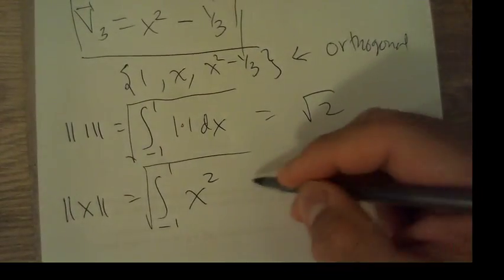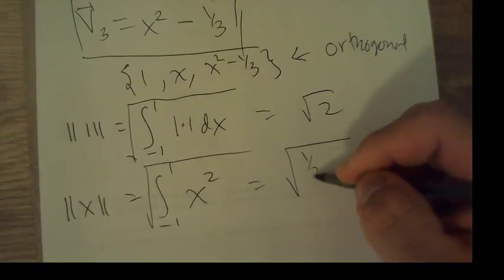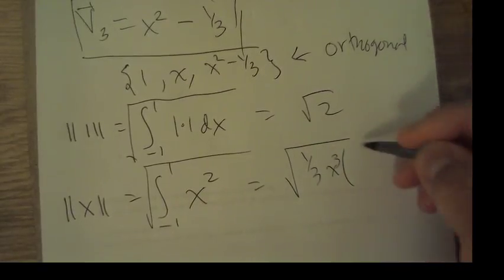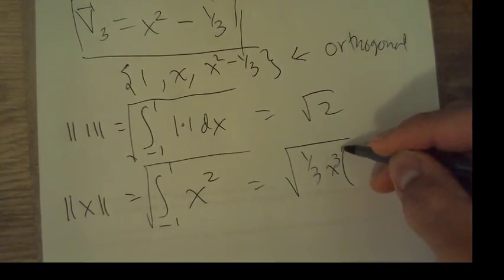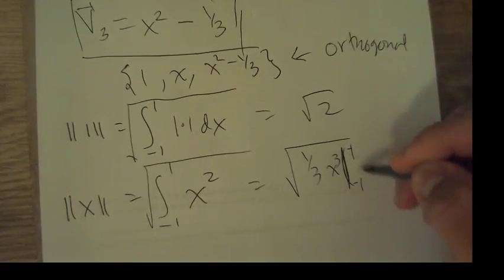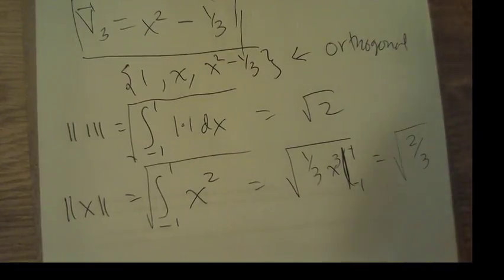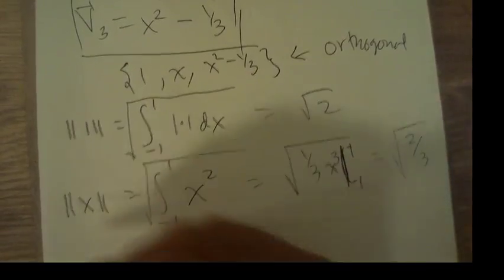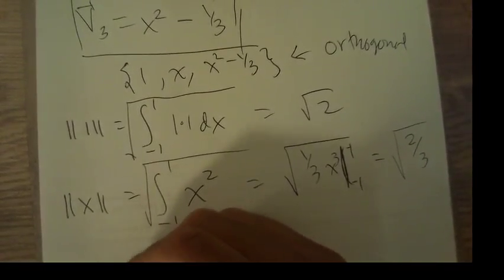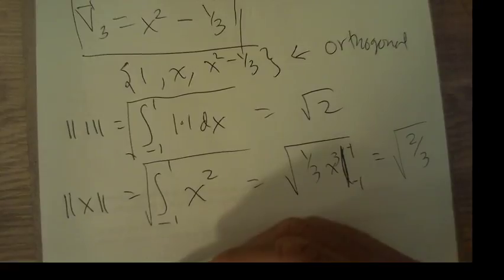Okay, and then this gives me +1/2. Okay, root 2 over 3. All right, and then the last one, the norm of x squared minus 1/3.